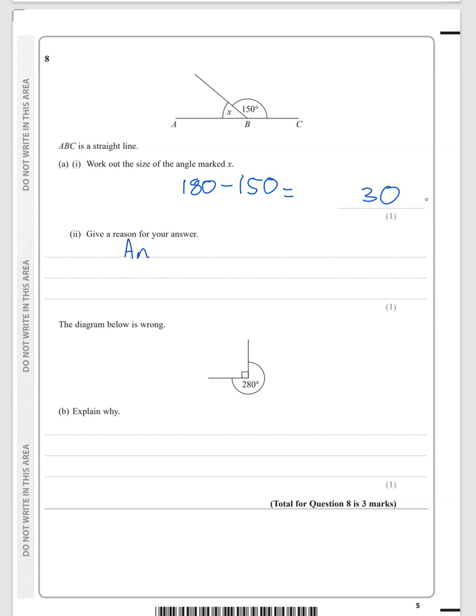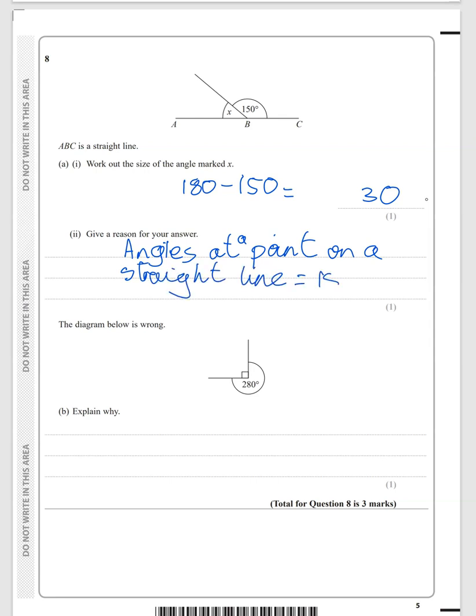Angles on a straight line equal 180 degrees. Okay, so we know that.